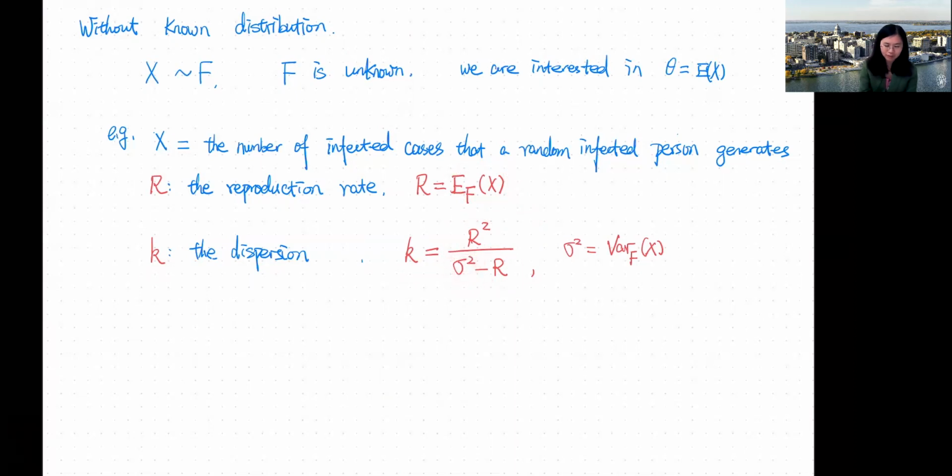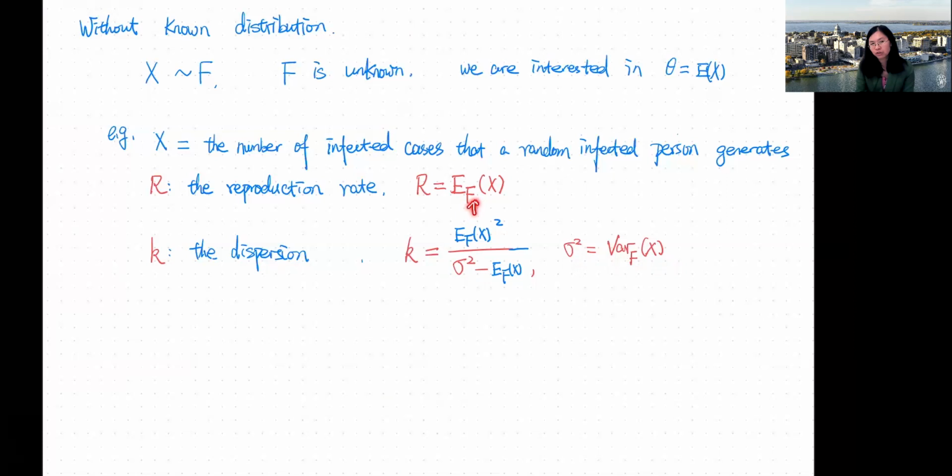I should probably just write expectation, because R squared sounds like something else in econometrics. So I'll just write expectation of X squared divided by sigma squared minus expectation of X. Here sigma squared is the variance of X. Notice that I use the subscript F for the expectation and the variance.